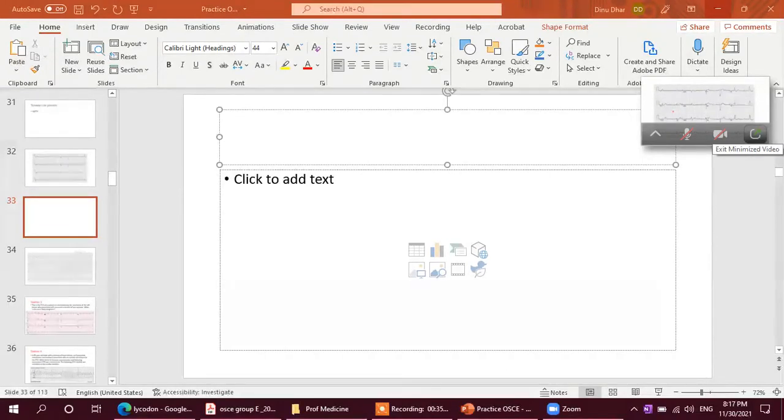The P wave comes in a nice regular order. The QRS complex also comes. But there is no relationship between the P and the QRS complex. The P wave to P wave usually comes at a regular rate, and the QRS complex also comes at a regular rate.